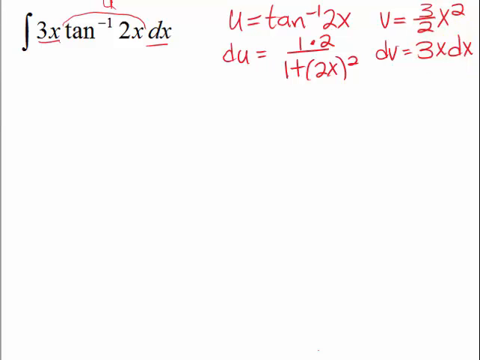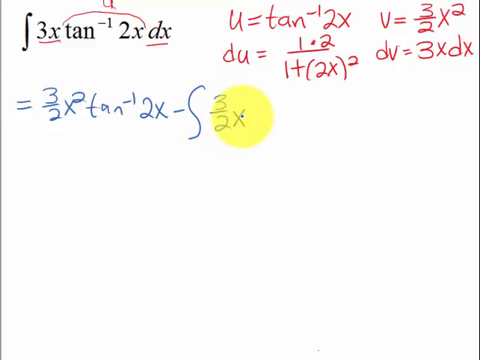So now let's go ahead and apply our integration by parts formula and see what we get. We have uv, so that's going to be 3/2 x squared tan inverse of 2x minus the integral of v, that's 3/2 x squared, du, that's 2 over 1 plus 4x squared, and I should have had a dx right there, dx.